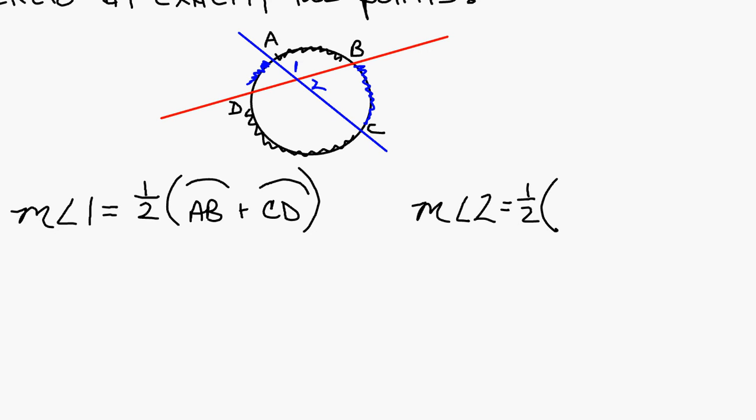So the measure of angle 2 is going to be equal to 1/2 times arc BC plus arc AD. You guys see it? Do you see the difference in the 2 formulas?